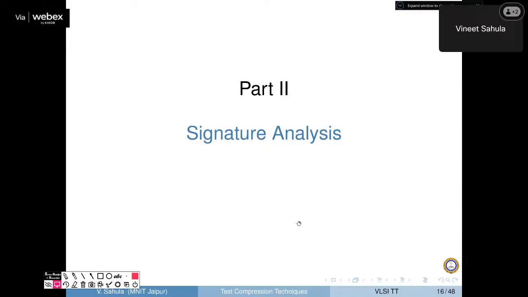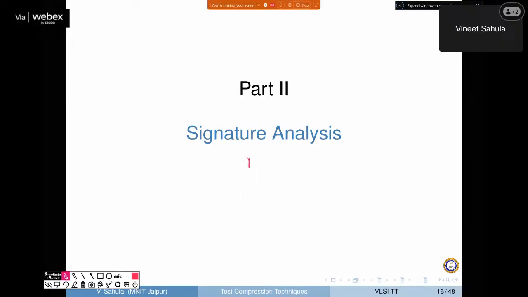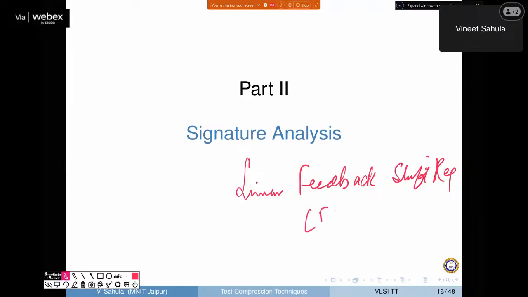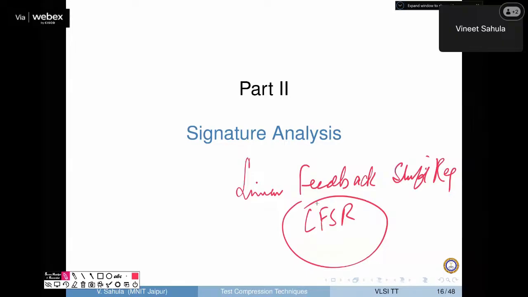Now we'll shift to the signature analysis using linear feedback shift register, LFSR, which we stated earlier, can be used not only for compression of your output, but can also be used for random input pattern generation.